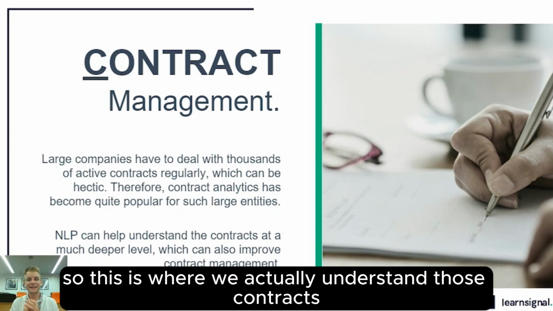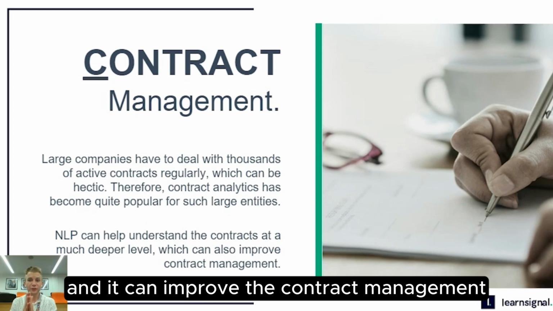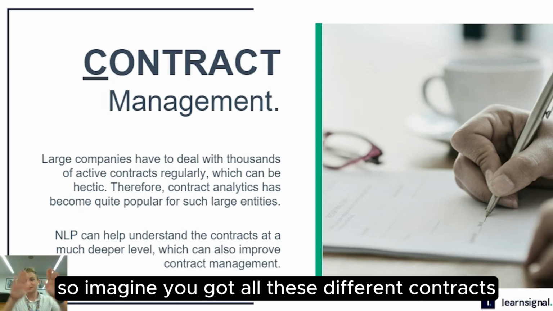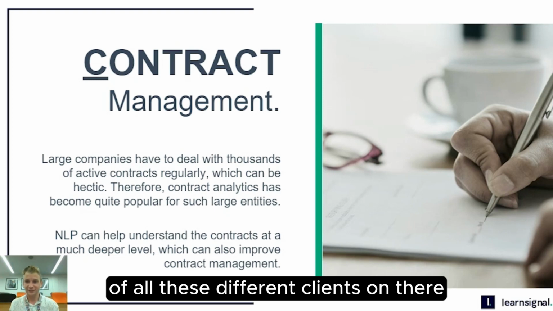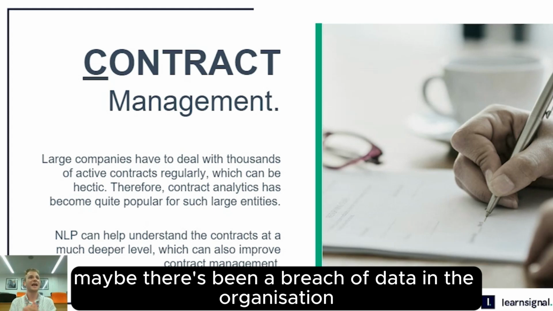So this is where we actually understand those contracts at a much deeper level, and it can improve the contract management. So imagine you've got all these different contracts of all these different clients on there, and maybe there's a new update. Maybe there's been a breach of data in the organization.